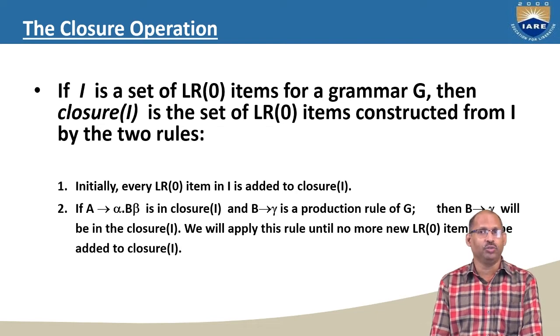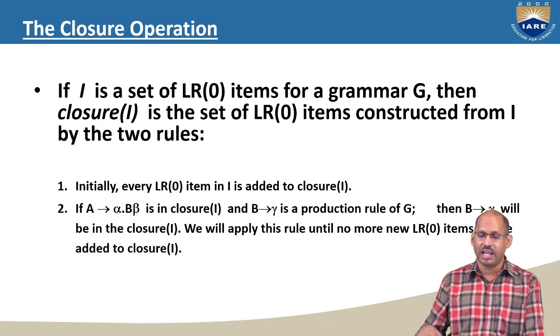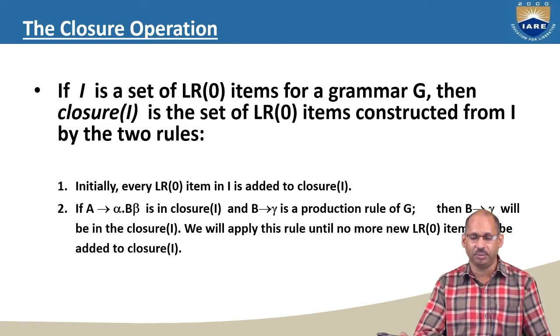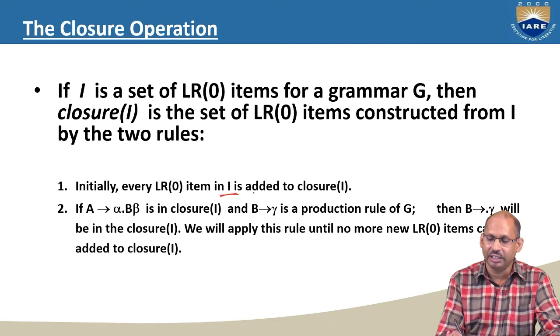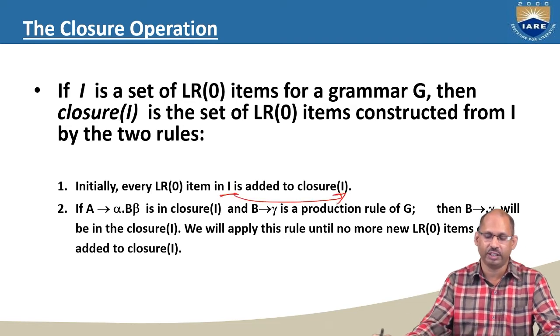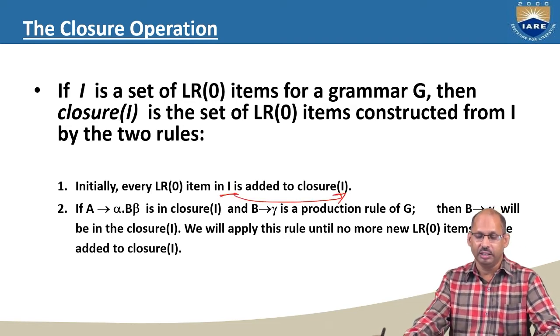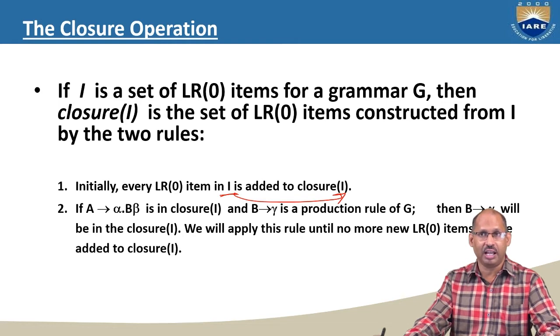If we are able to find the closure operation and goto operation, then using them we can construct the SLR parsing table. How to construct the closure of I? Initially, every LR(0) item in I is added to closure of I.